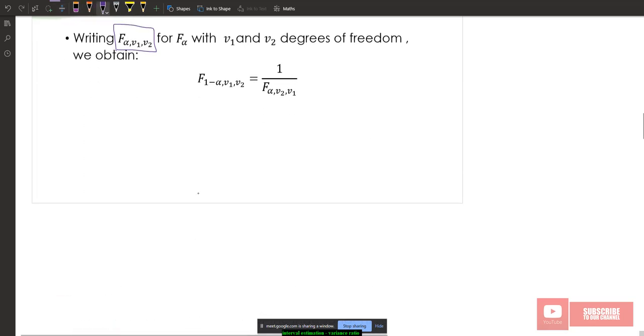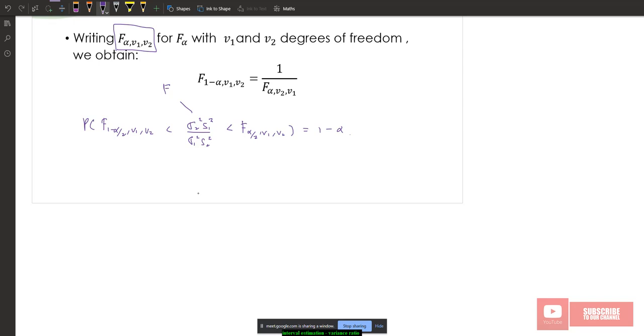Let's say we have P of f 1 minus alpha divided by 2, v1, v2, less than s1 squared over sigma 1 squared divided by s2 squared over sigma 2 squared, less than f alpha divided by 2, v1, v2, equal to 1 minus alpha.